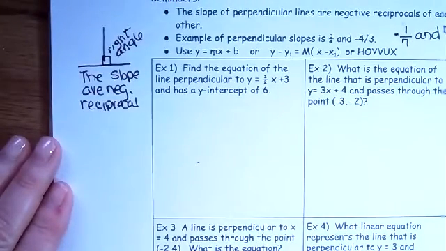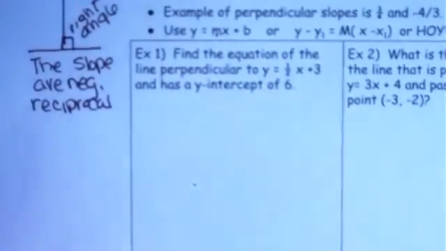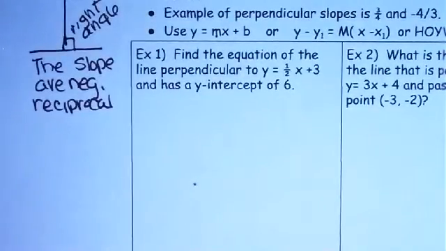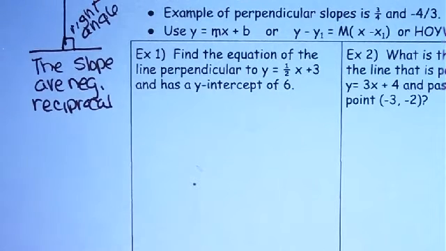Okay? So now let's look at example 1 and see how this is going to work. And again, it's so much like the parallel. Example 1 says, find the equation of the line that is perpendicular to y equals 1/2 x plus 3 and has a y-intercept of 6.